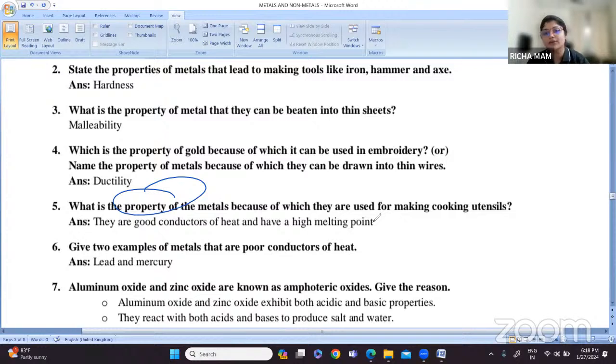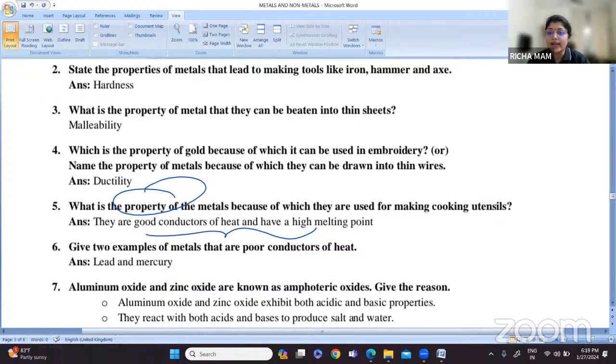They are good conductors of heat, and they have a high melting point.